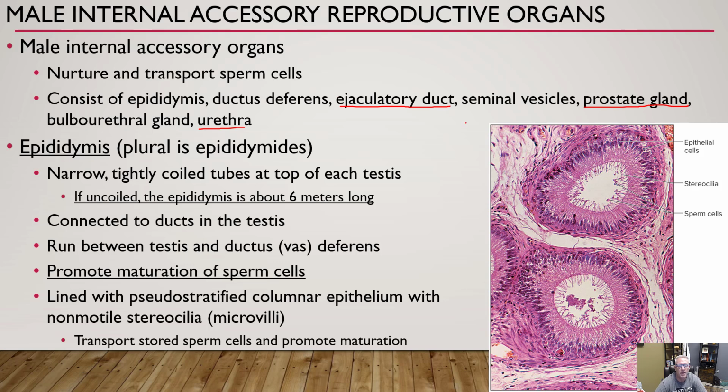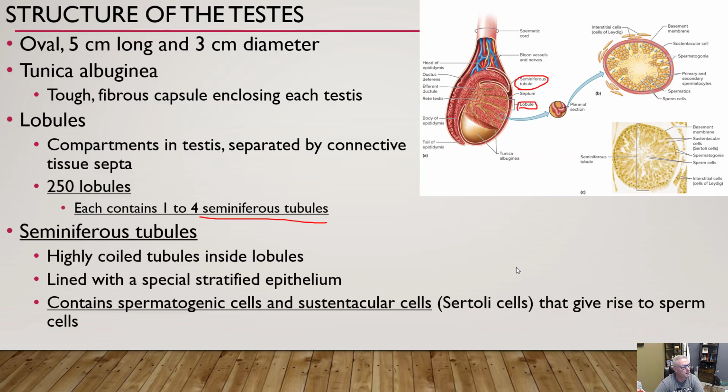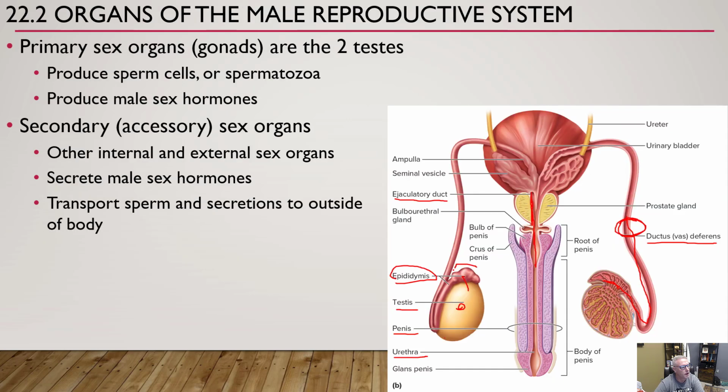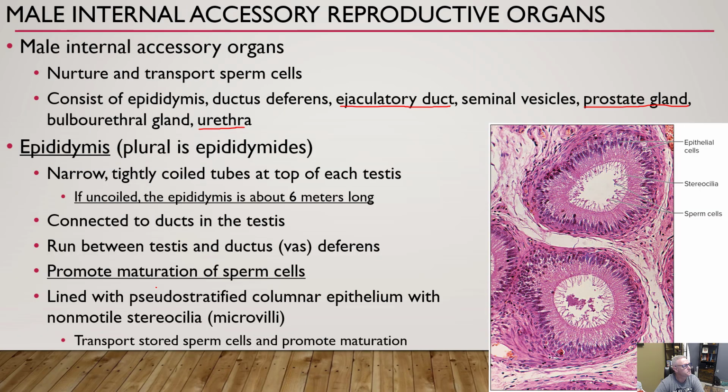Epididymis, epididymes. Remember, that's that narrow coiled tube that sits on top of the testes, right here. It connects the duct in the testes and runs between the testes and the vas deferens, and it's going to promote the maturation of sperm cells.